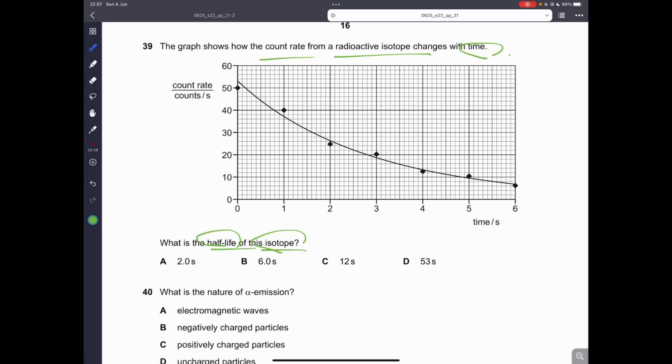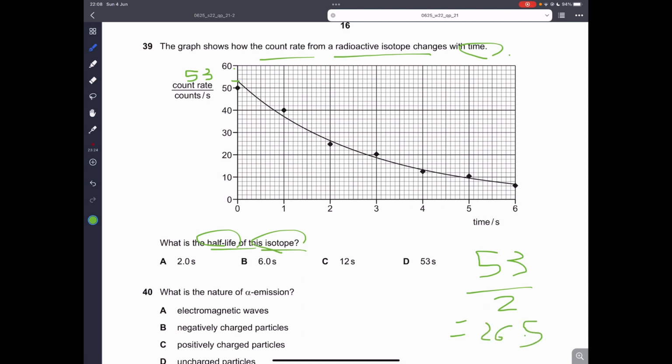So here we can see that this is around 53 counts per second, and so we have to divide this 53 by 2, which gives 26.5.